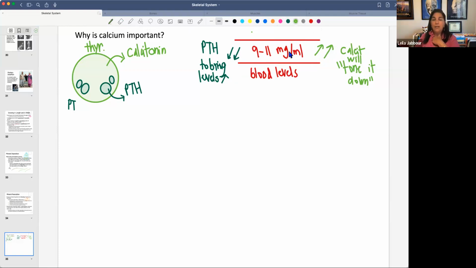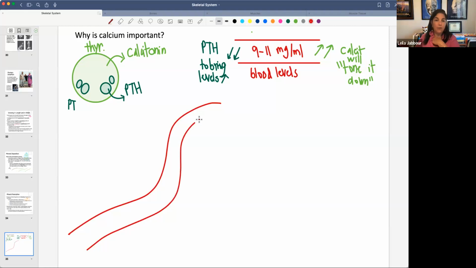Okay, so I like to actually draw the vessel over here and calcium. So you have calcium, calcium, calcium, and if these levels are too high, calcitonin will take the calcium out of the blood.